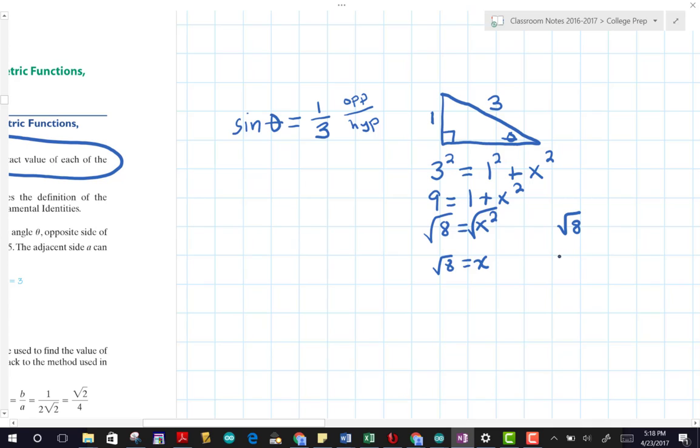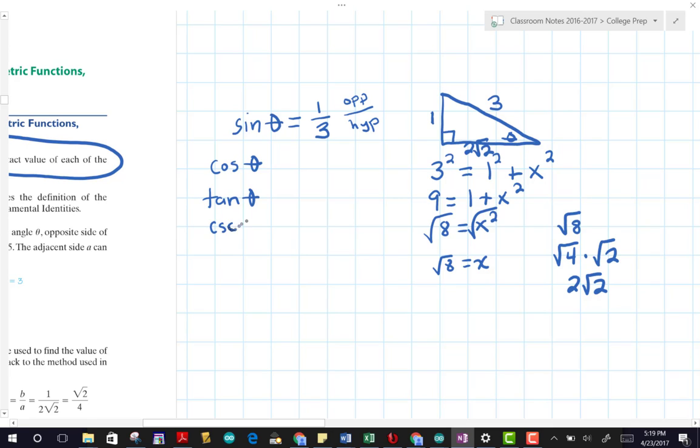So now that I have the 3 sides of my triangle, I can use them to find cosine, tangent, cosecant, secant, and cotangent. Cosine is adjacent, which is 2 root 2, over the hypotenuse, which is 3.